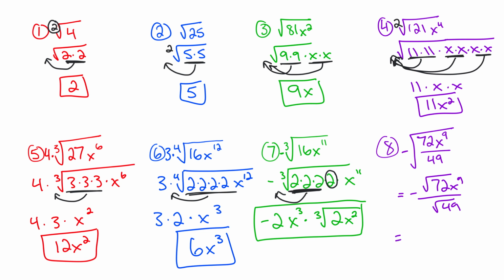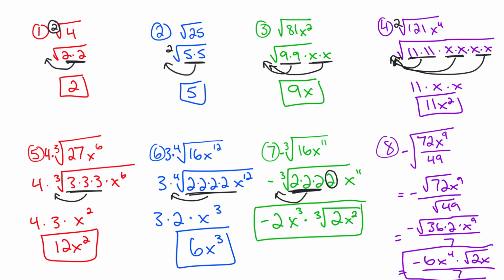So that's going to be equal to the square root of 72, which is the same thing as the square root of 36 times 2 times x to the 9th, over the square root of 49, which is just 7. So that's going to turn into the negative 6x to the 9 divided by 2 is 4 with a remainder of 1, all over 7. There is my solution.